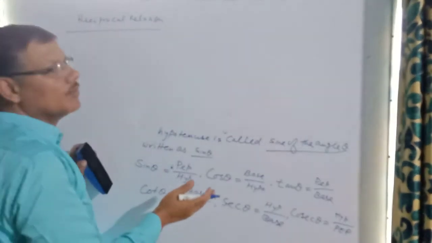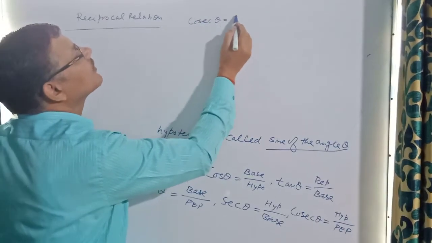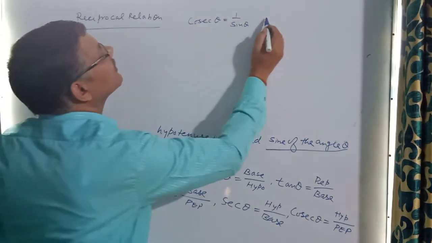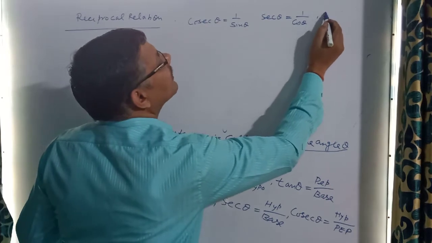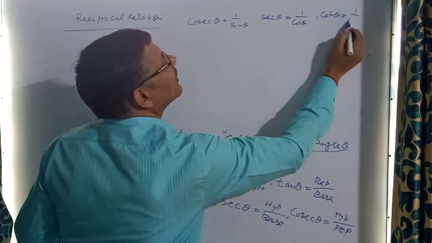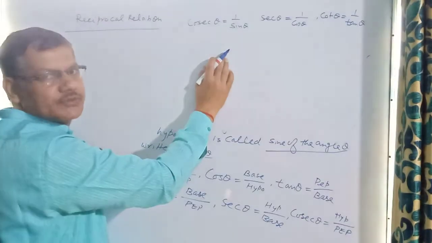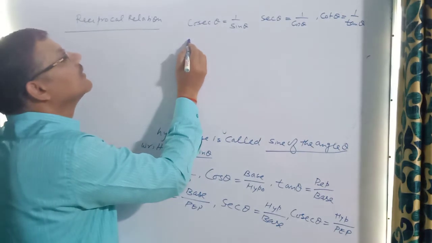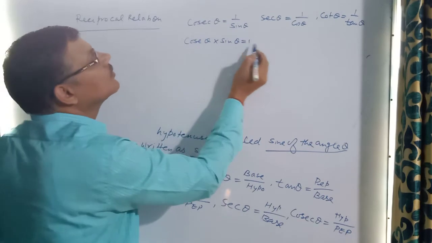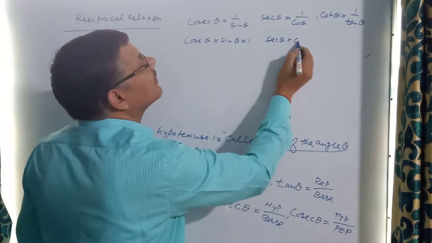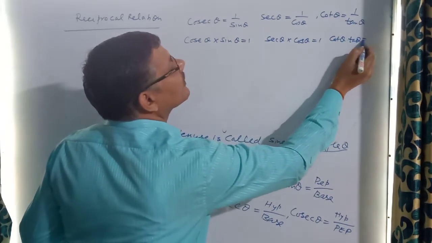From this definition we see that cosec theta is equal to 1 by sin theta, sec theta is equal to 1 by cos theta, and cot theta is equal to 1 by tan theta. Not only this, we may write sin theta equal to 1 by cosec theta. At the same time, we write cosec theta into sin theta equal to 1, sec theta into cos theta equal to 1, and cot theta into tan theta equal to 1.